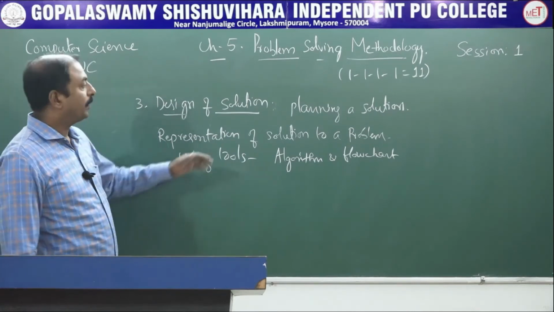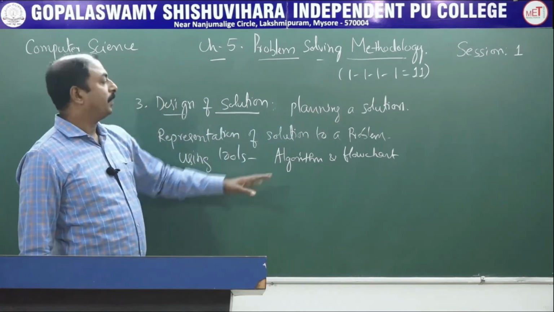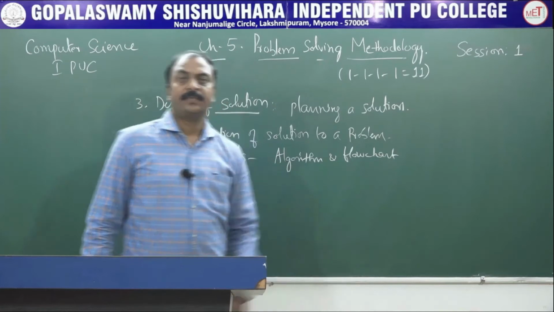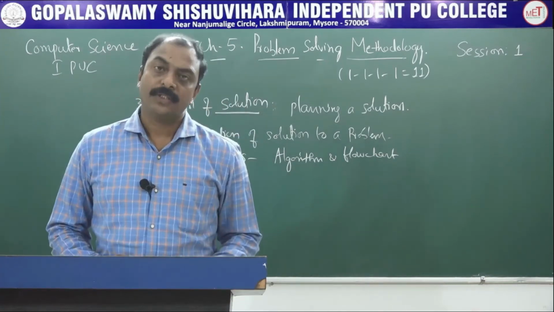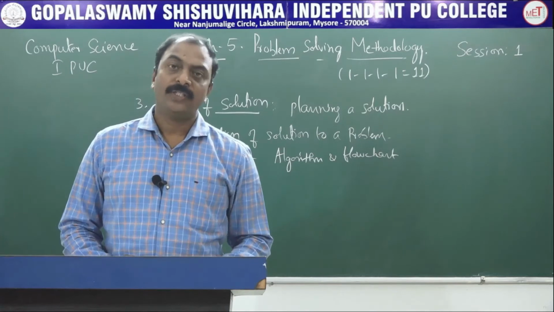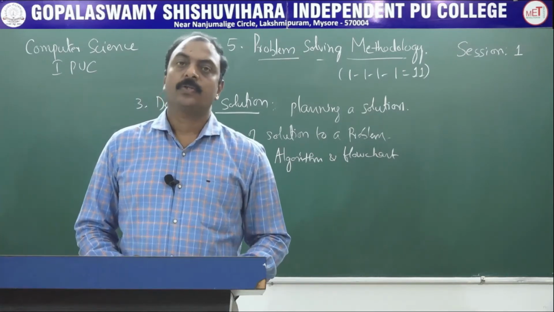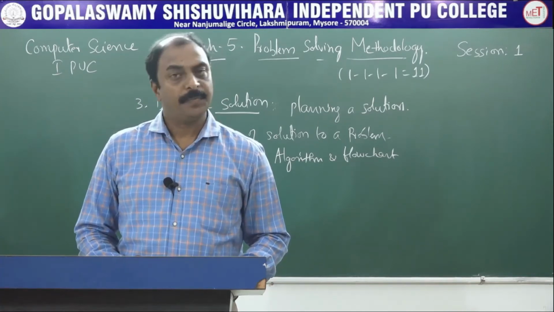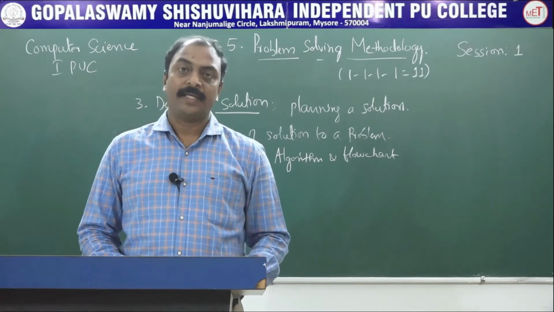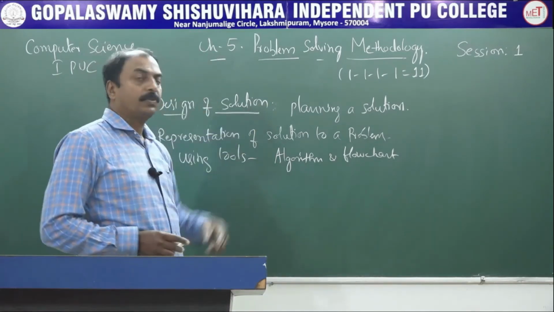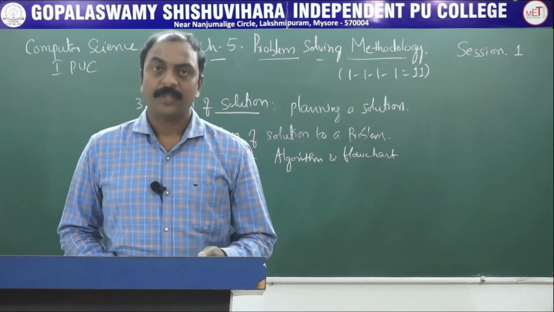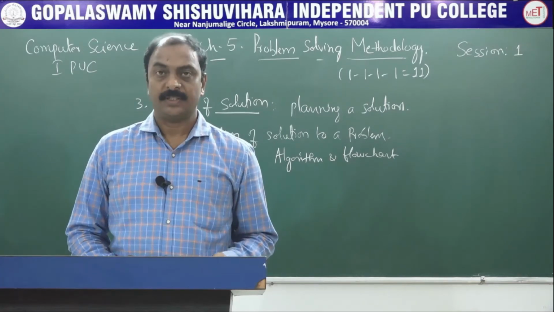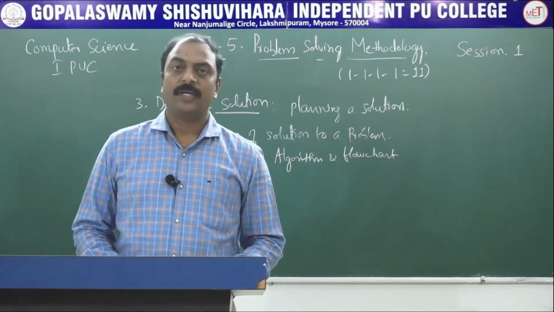The user has to plan a solution for this problem by using different tools such as algorithm and flowchart. A very simple example: to construct a house or a building, first it has to be pre-planned. Architects or engineers will plan your house or building. That type of planning is nothing but design of a solution to a problem. In order to solve a problem, the user must have their own plan to continue with the process. That is nothing but design of a solution.